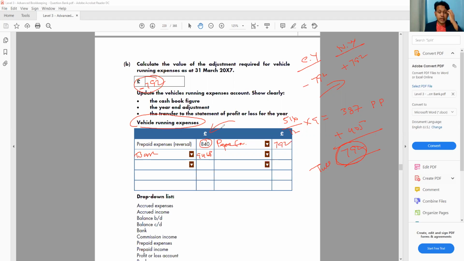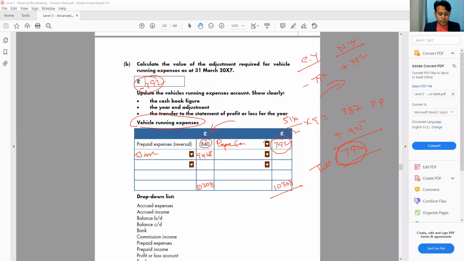So my running cost is not the total of this. If I added this, 9,468 plus 840, that gives me 10,308. Even though my total payment from the cash book is 10,308, this one is for the next year, so I have to record it on the other side.